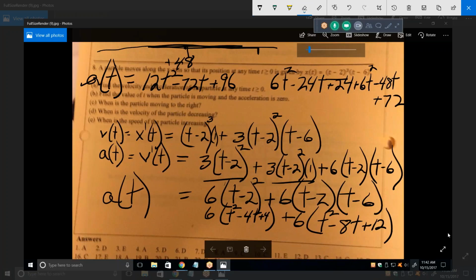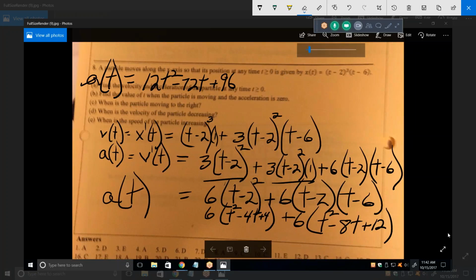And they're asking me where that is equal to 0. Hopefully I haven't made a math error there. I'm not going to be able to track it down. But notice this is going to actually be pretty easy to solve. If I set that equal to 0, first thing I'm going to do is divide everything by 12. So now I have t squared minus 6t plus 8 equals 0.